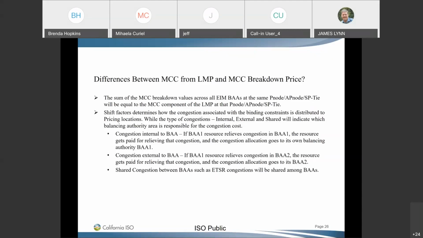Now, when we're done, if you add up the marginal cost congestion breakdown prices, it should equal your total congestion. So all we're doing is taking that total congestion neutrality that I identified in your balancing authority area, and distributing it to the balancing authority areas that are responsible for that congestion based upon that breakdown pricing.